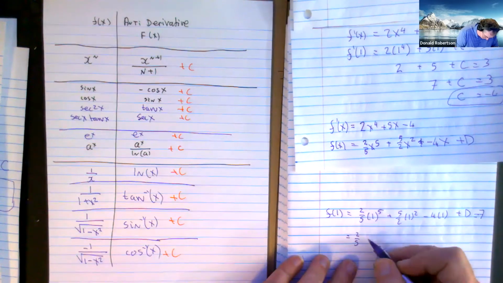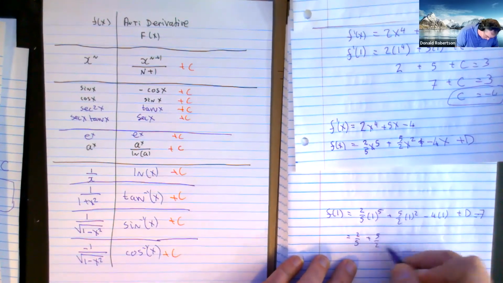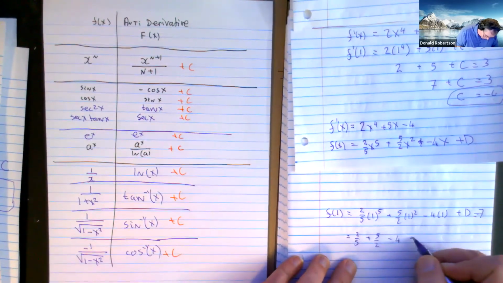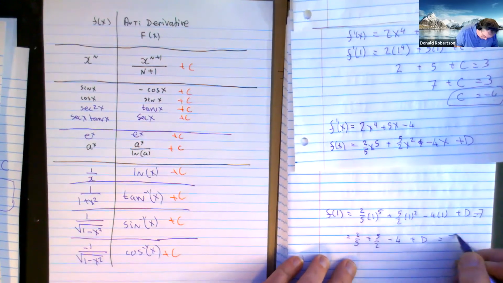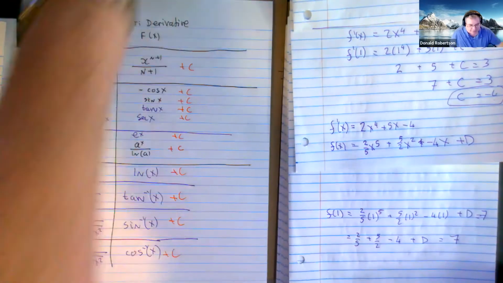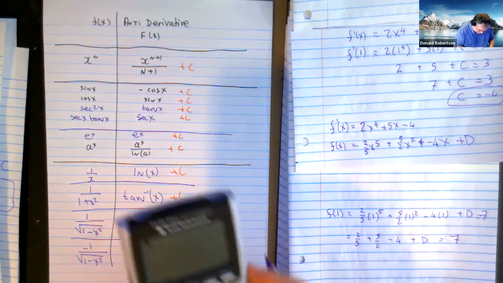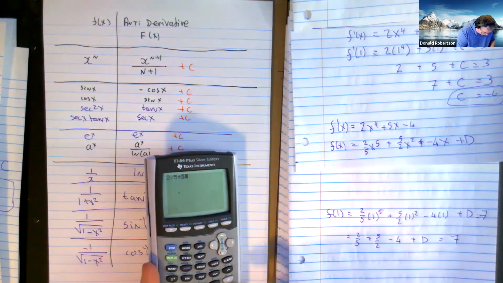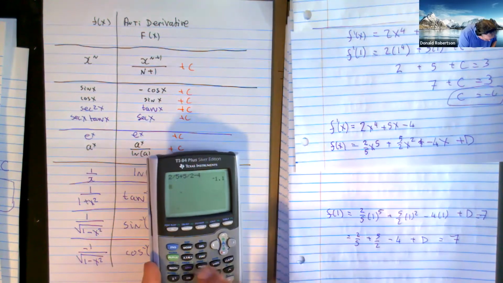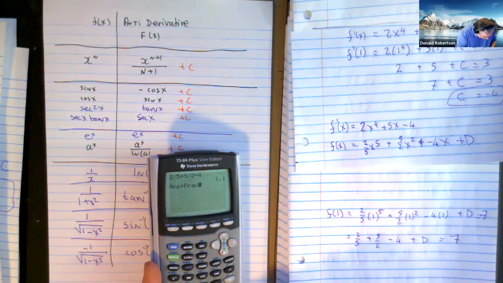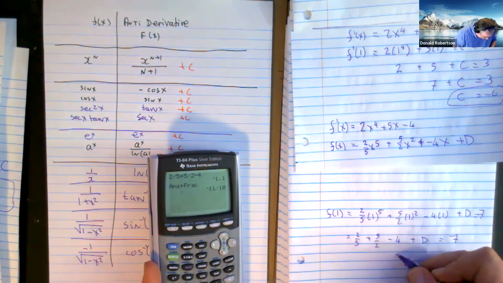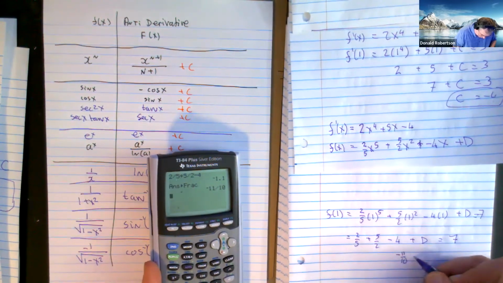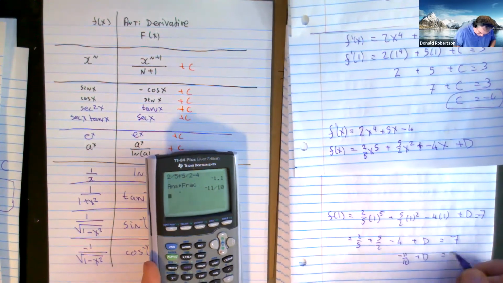Really messy. 2/5, 5 halves, take away 4 plus d is going to equal 7. Time for calculators. If I do 2/5, add 5 halves, subtract 4, and then I do make me a fraction, I get -11/10 plus d equals 7.